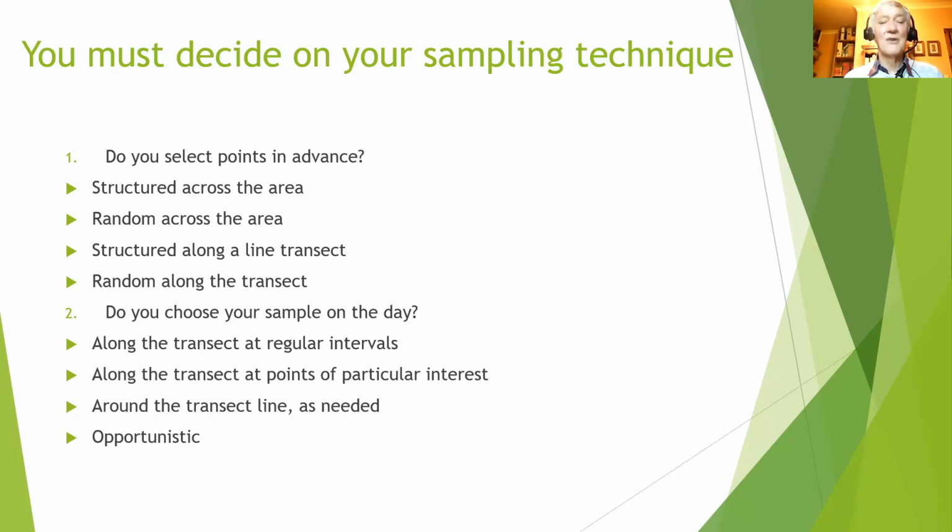So I'll do my sample along the transect line at regular intervals. Or I'll do my points at points of particular interest. So when I smell a smell, I'll stop. And every time I smell a change of smell, I'll stop again. Will I stick very directly to my transect line, or will I move away from the transect line a bit?